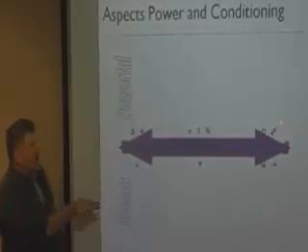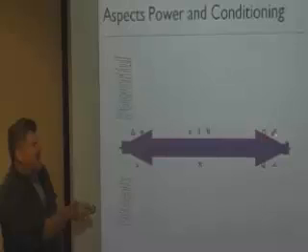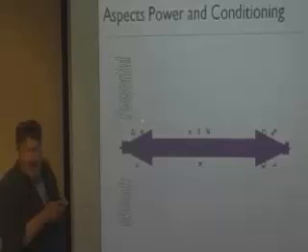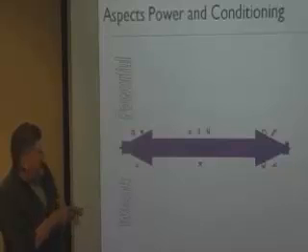You can see the powerfully discordant aspects are the opposition and the square. The mildly discordant aspects are the Sesquiquadrate and the Semisquare. The powerfully harmonious aspects are the Trine and the Sextile. This being more harmonious than that, this being more discordant than that.